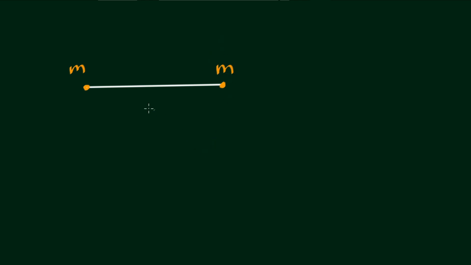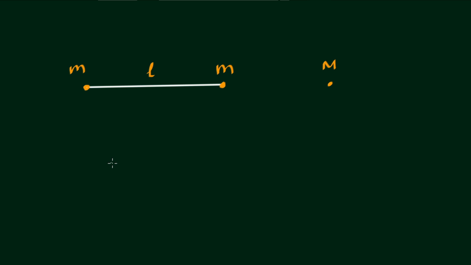Make it simple. Let's say m and m separated by a rod of length L, and along the same straight rod, if I extend the line, at this point I'm going to put another mass, capital M. I'm going to ask the question, what is the force exerted by this simple extended object on this point particle?